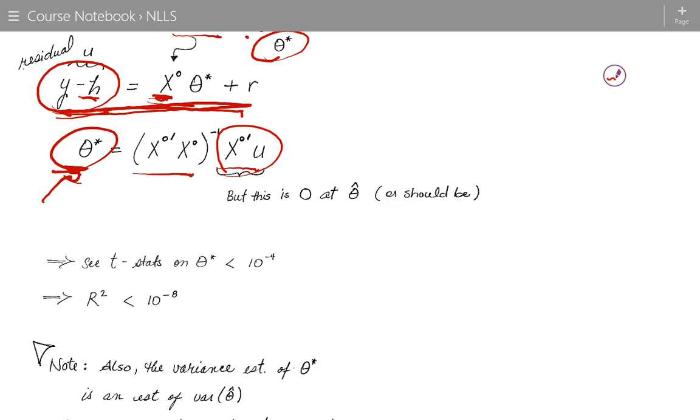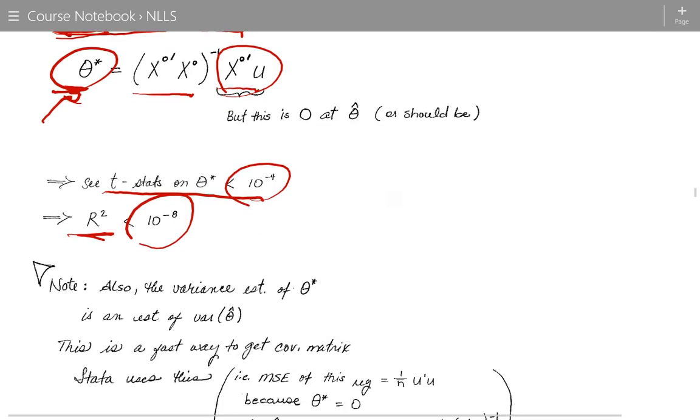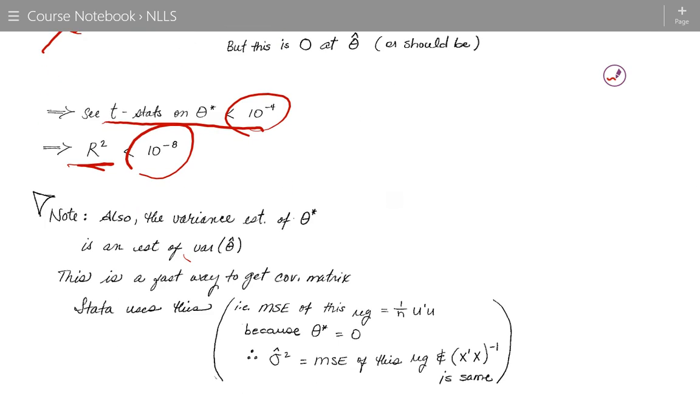And as a matter of rules of thumb, as opposed to statistical testing, you could ask: is this t statistic really small, like 10 to the negative 4, and is the r squared really small, like 10 to the negative 8? What's also interesting to note here is that the variance of this estimator is actually still the variance of the theta hat estimator, right?